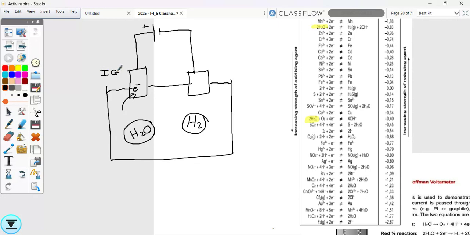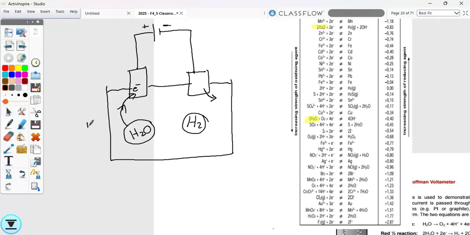If it's gaining, reduction. Reduction is gain. And on the negative side, it wants to give off electrons. Oh, wait. You were kind of right. I wrote it the wrong way around. I said is gain, but it's the battery that's gaining electrons. The chemicals is losing electrons.